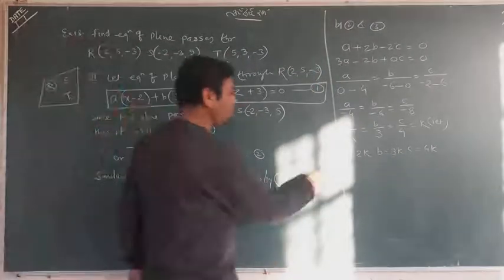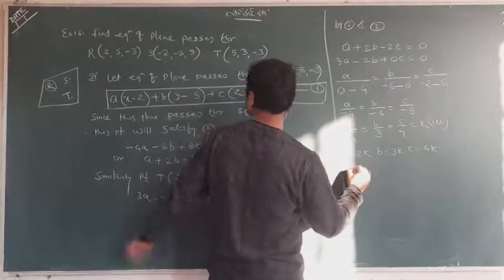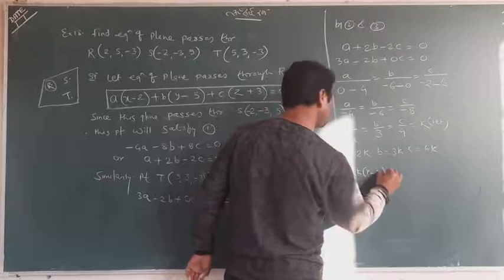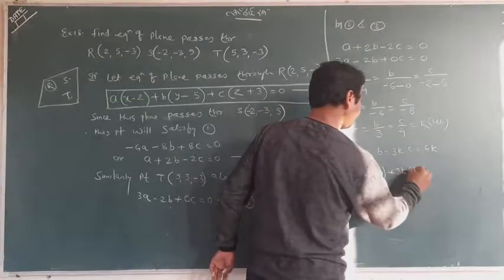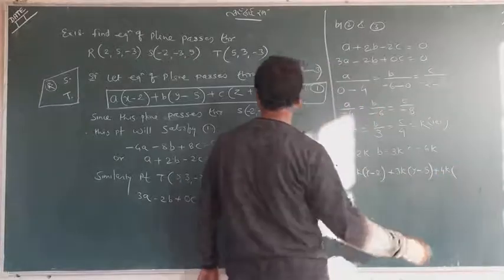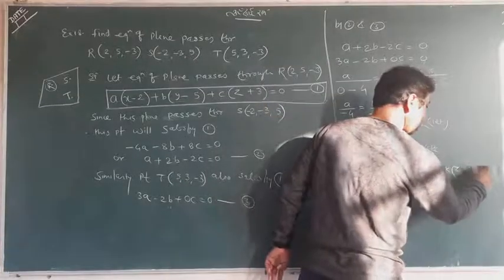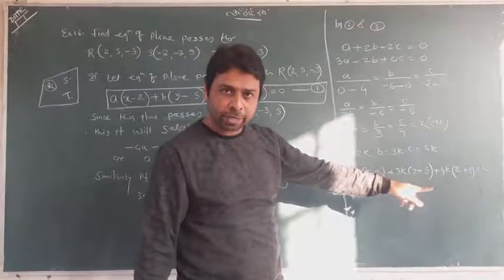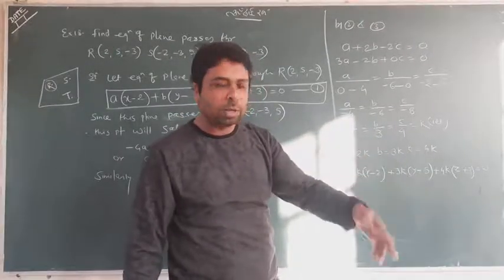After finding ABC, you can put the value of ABC in this first equation. So by 1, you will have A is equal to 2k. Look properly: x minus 2, B is equal to 3k, y minus 5, C equal to 4k, this is z plus 3. And how can we find the answer? We can divide by k, so k will be removed from the equation.